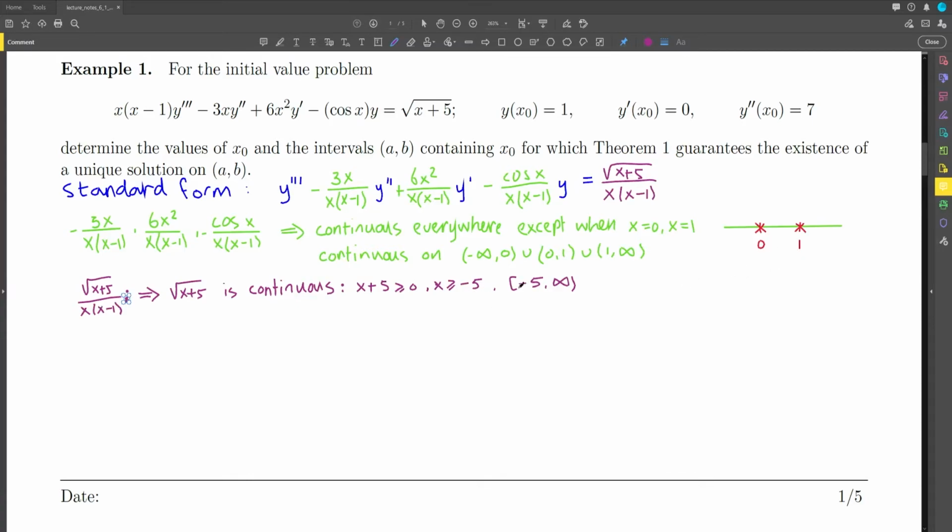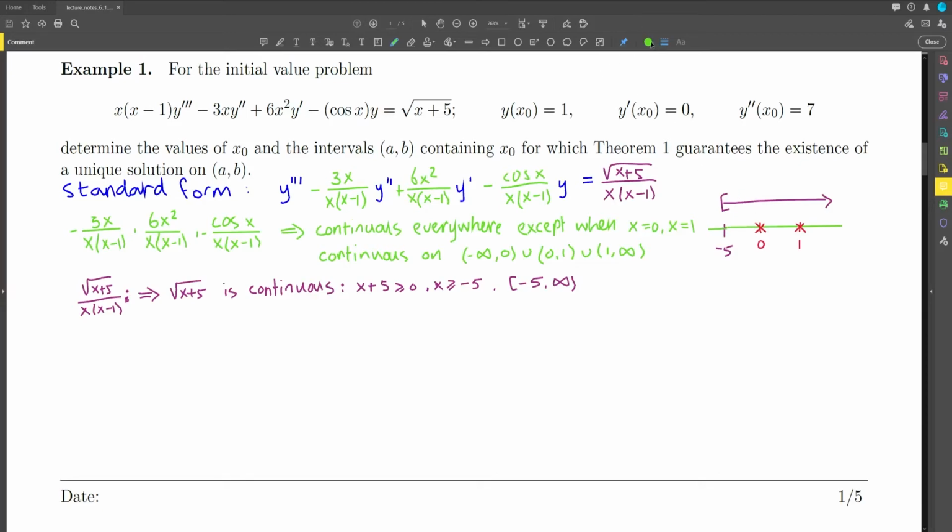So now let's take a look at that interval from negative 5 to infinity. So we can write negative 5 here, and then that interval from negative 5 to infinity looks like that. And if we combine those two, so it needs to be greater than or equal to negative 5, and it cannot be 0 or 1.